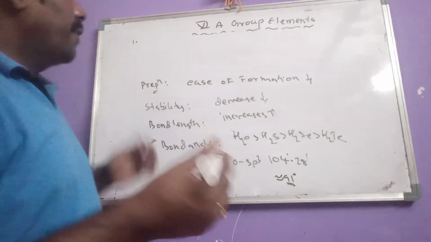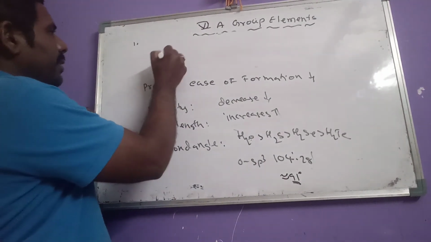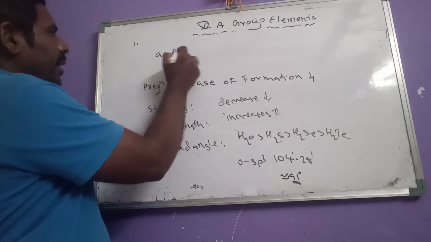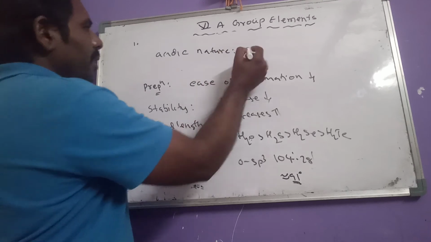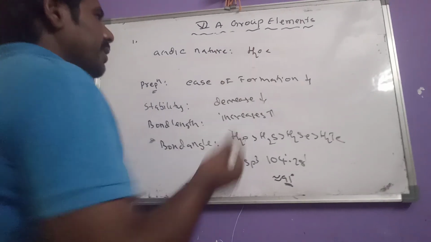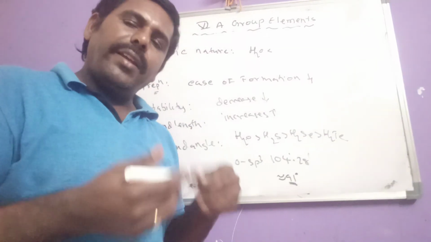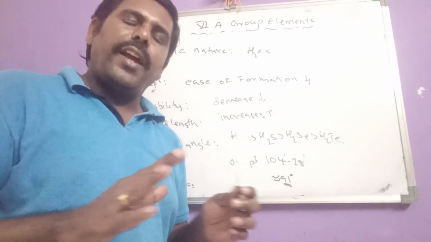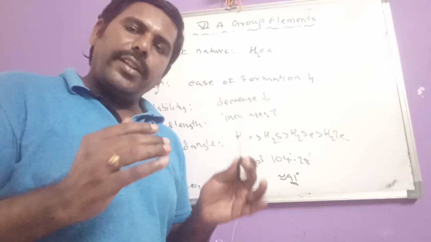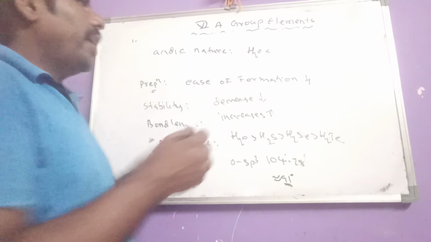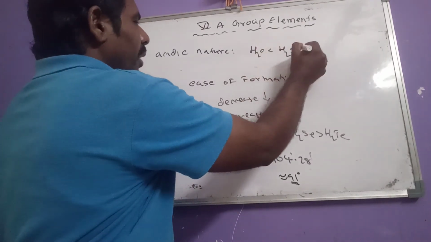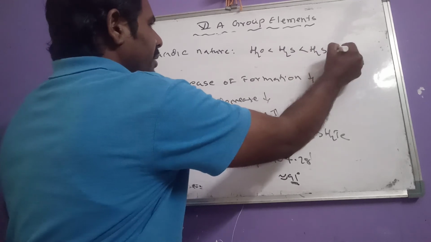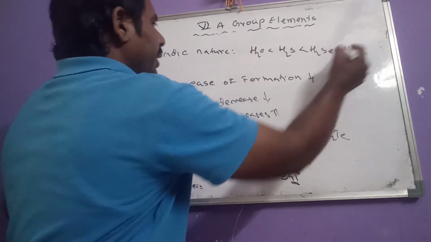Then we have to see the acidic character of 6th A group hydrides. We know that H2O is even drunk by people, so H2O does not have any acidic nature; it is neutral. So the acidic nature order is H2O less than H2S less than H2Se less than H2Te.